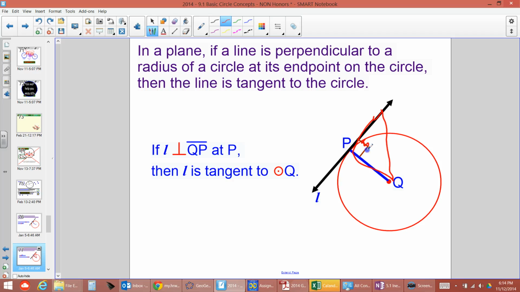Okay, I don't tell you it's 90 degrees yet, but I give you the lengths. Let's say this is a 3, a 4, and a 5. Well, you know that is a Pythagorean triple. So you could say that this has to be a 90-degree angle because it's a Pythagorean triple. And once you show me it's a 90-degree angle, then you can say that L is tangent. I have an example of what you're going to be doing with this whole point of tangency concept.